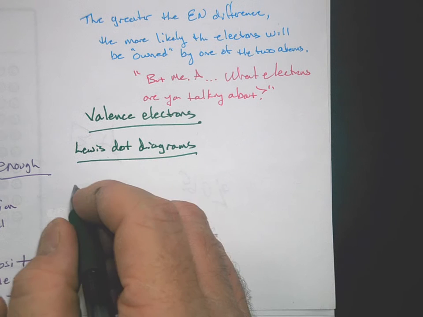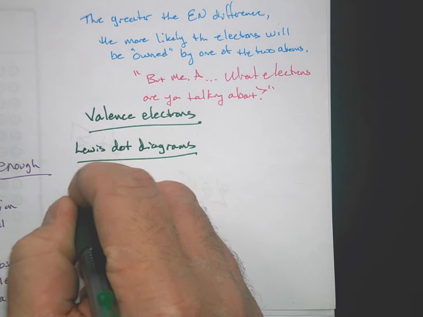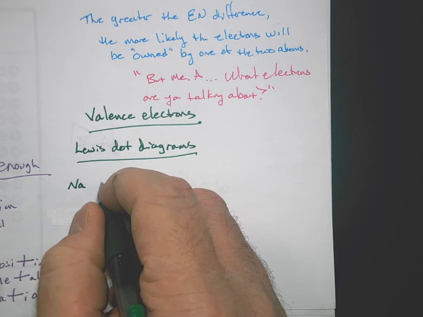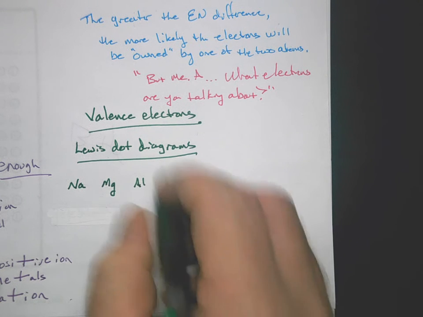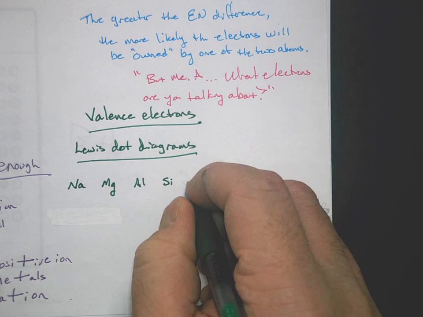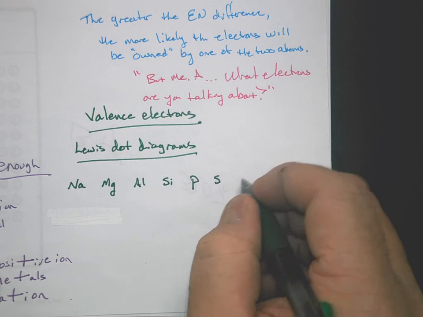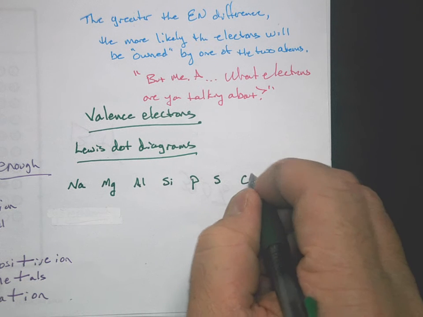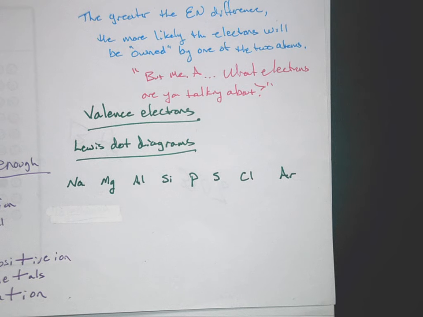So we're going to draw sodium, and then magnesium, and then aluminum, and silicon, and phosphorus, and sulfur, and chlorine, and argon. And you need to leave a little bit of space between each one. Don't cram them all together. Space them out a little bit.